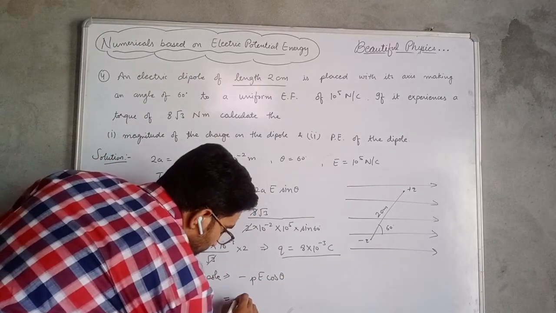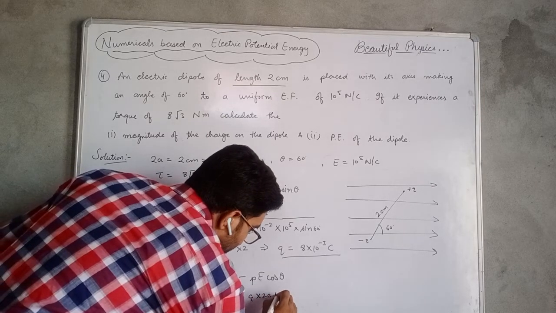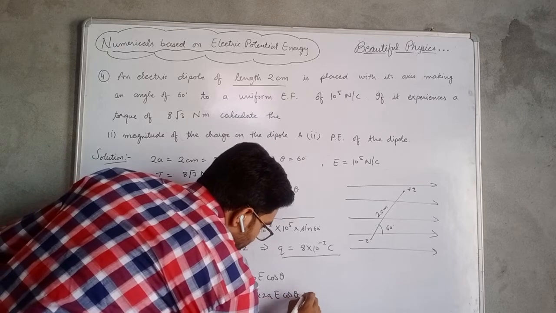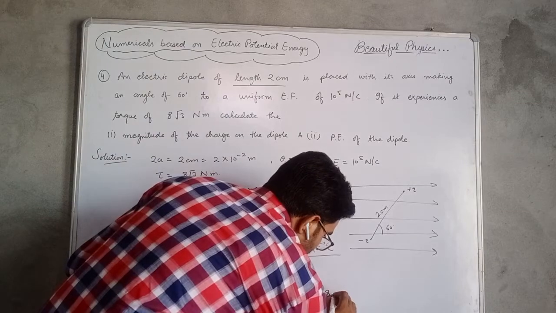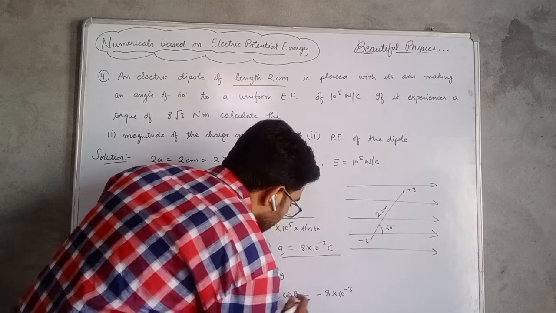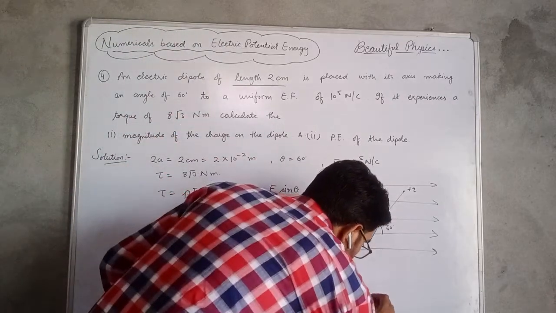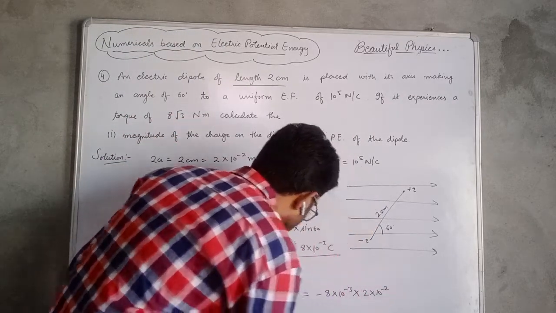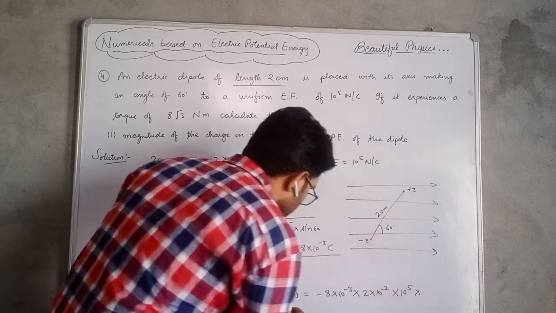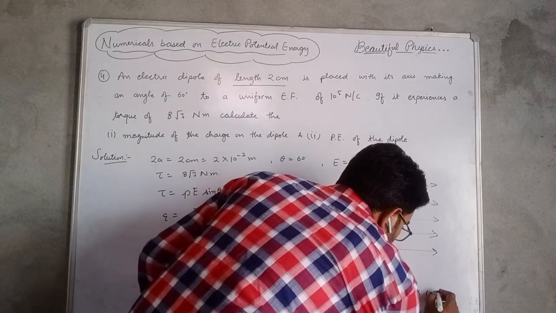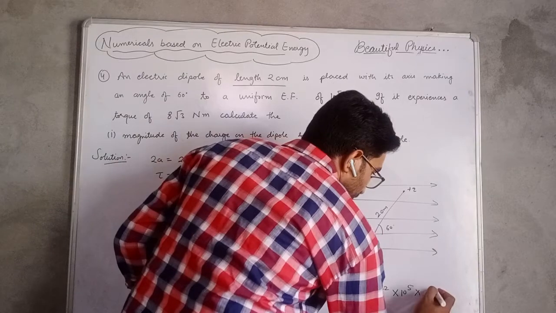So it is minus Q into 2A E cos theta, and it will be equal to, in place of Q we will put minus 8 into 10 raised to power minus 3. For 2A we have 2 into 10 raised to power minus 2, and for E we have 10 raised to power 5. And cos of 60 degree is 1 by 2, so it is 1 by 2.